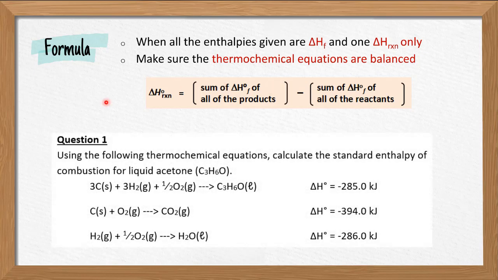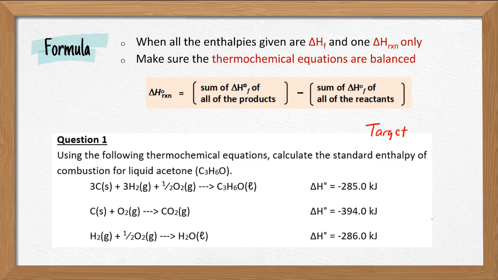Given in question 1, using the following thermochemical equations, calculate the standard enthalpy of combustion for liquid acetone, C3H6O. And you're given a series of thermochemical equations. In this case, you need to find the target. Target is what we want and what the question is asking about.